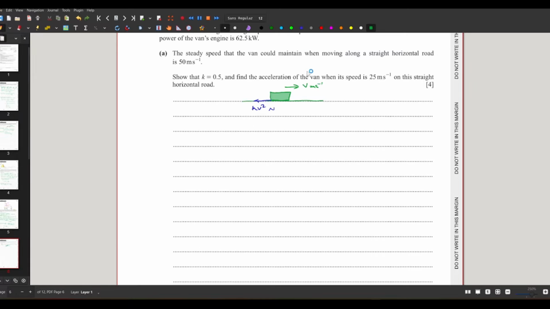They are saying to find the acceleration, and here it is moving with a steady speed of 50. So let's consider that one.